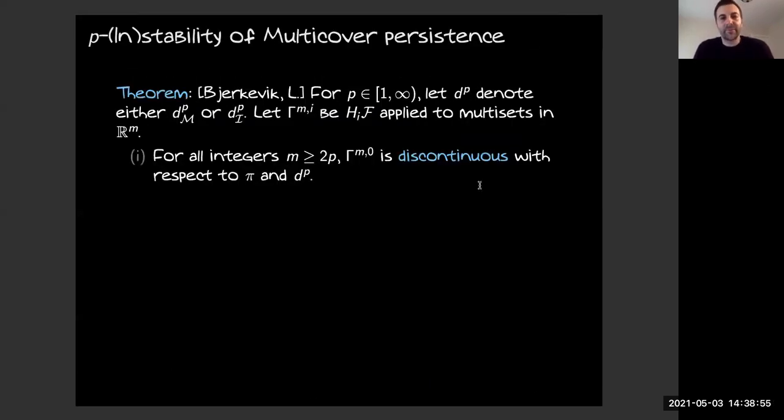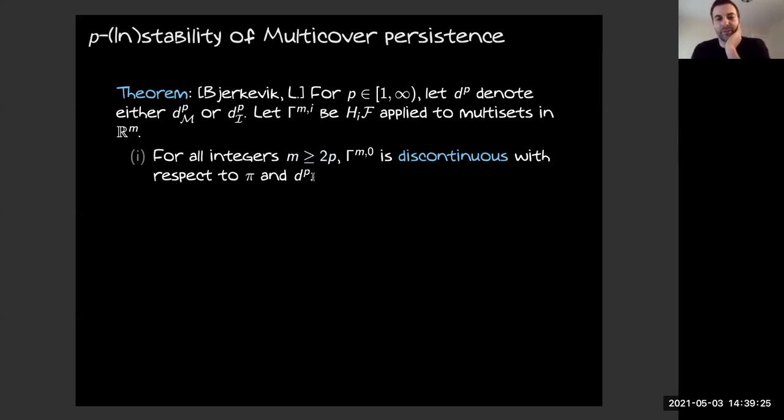And so as a step in this direction, we have a pair of results, which first says that in brief, zeroth persistent homology of the multicover bifiltration is discontinuous for any p as long as you look at points in R^m for m large enough.